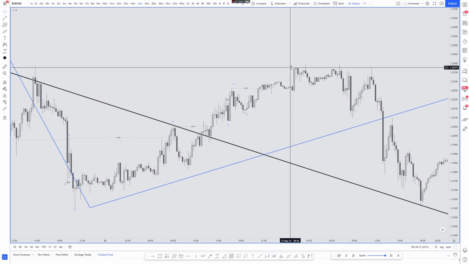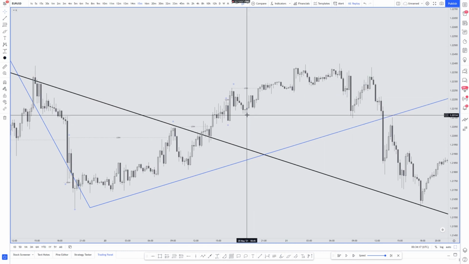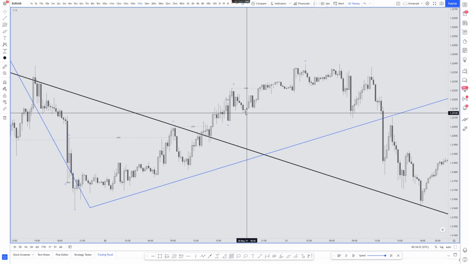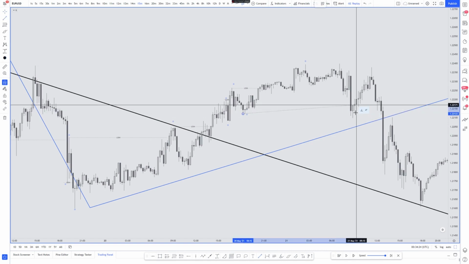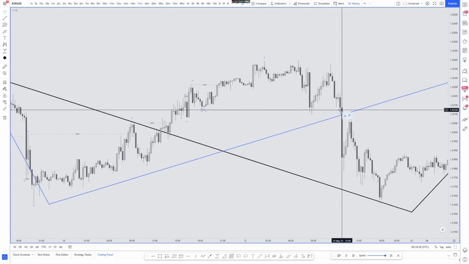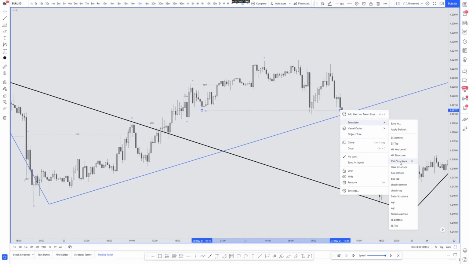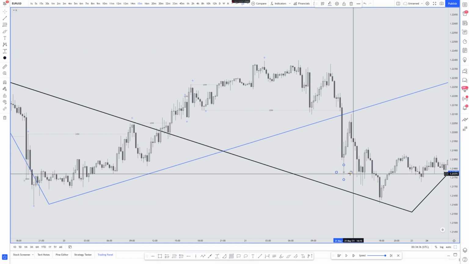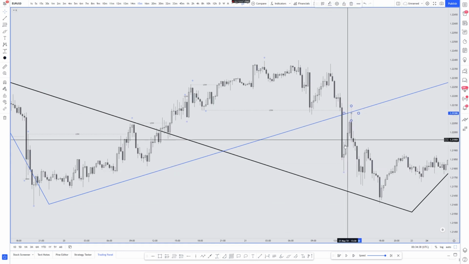To me, there's really no real pullback till somewhere up here, and the pullback ultimately takes this low and creates bearish structure. So now we have bearish momentum. We have a bit of a pullback here.